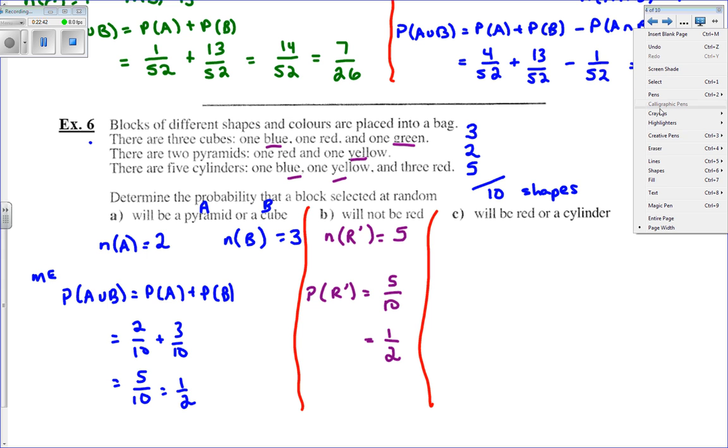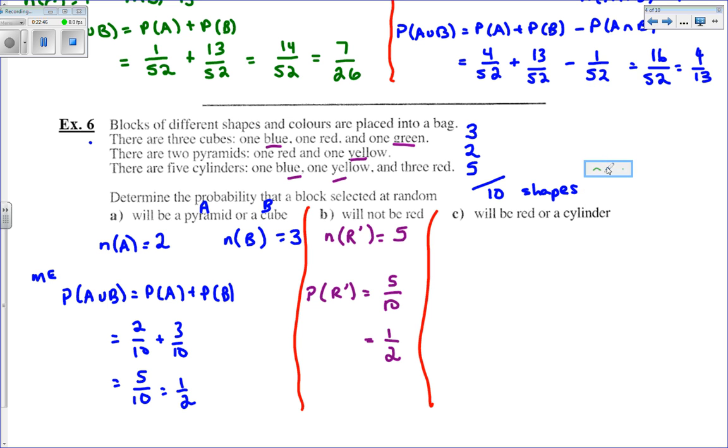Red or a cylinder. So the nature of this experiment, we had shapes that were colors. So 2 different shapes, you can't have anything that's not mutually exclusive. 2 different colors, you can't have anything that isn't mutually exclusive. But if you have a color and a shape, you might have something that's both.